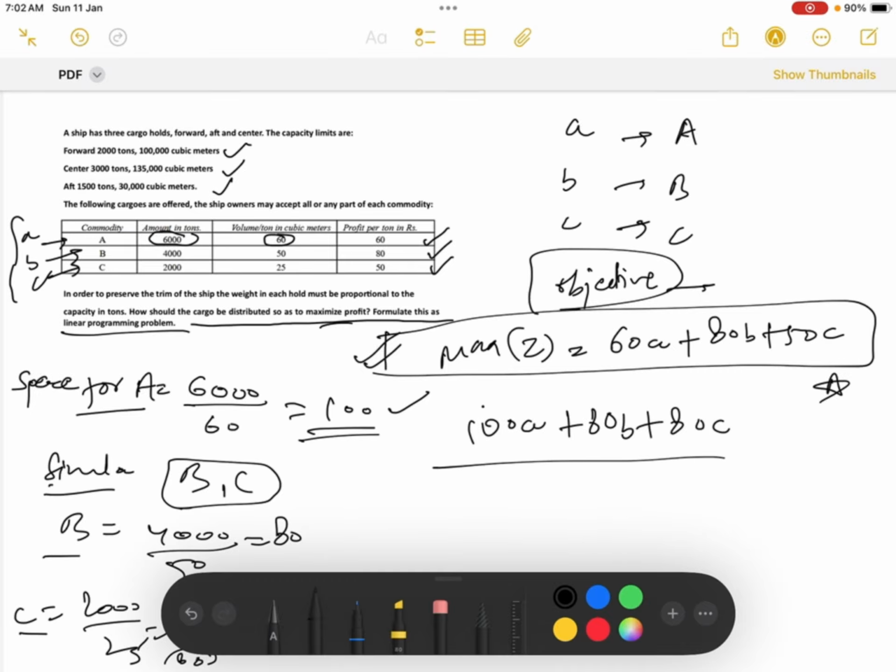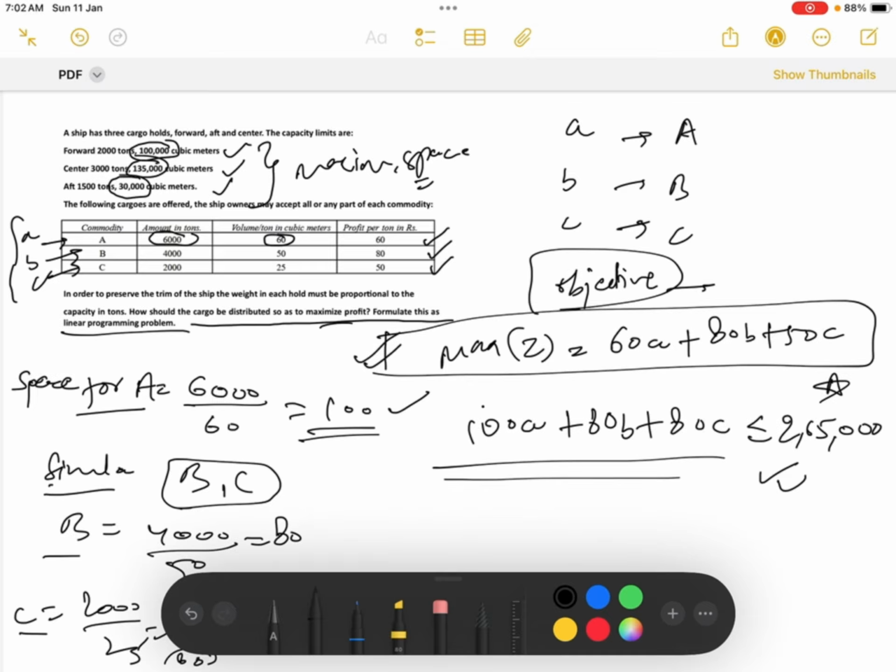Now this is the space we are talking about, so it would be less than or equal to the maximum space: 100,000 for A, 135,000 for B, and 30,000 for C. If we add all these maximum spaces, what we get is 265,000. So this is one constraint here, C1. This was the objective function, this is C1.